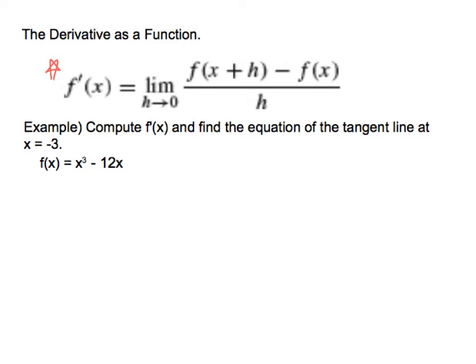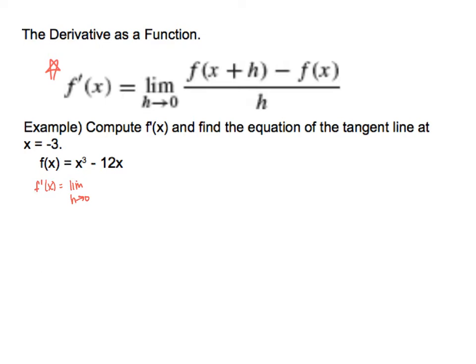So first example, we're going to compute the derivative of f and find an equation of the tangent line at x equals negative 3. Okay. So the first thing that we need to do is fill in our rule here. So f prime of x is equal to the limit as h approaches 0 of f of x plus h minus f of x over h.